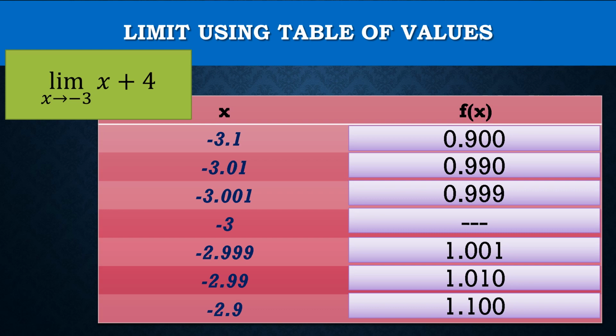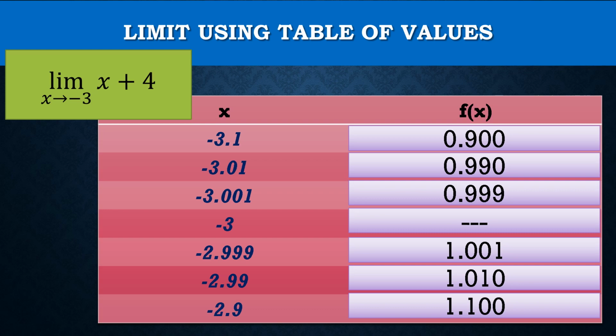So, ano yung napapansin natin dito? As x approaches negative 3 from the left, the value of f of x approaches 1. Papalapit siya sa 1. From 0.9, naging 0.99, naging 0.999. That means that we are approaching positive 1.